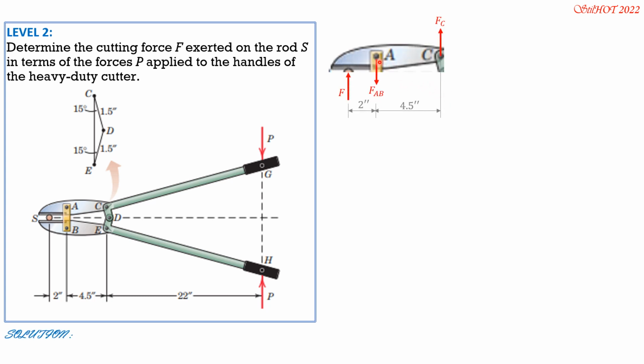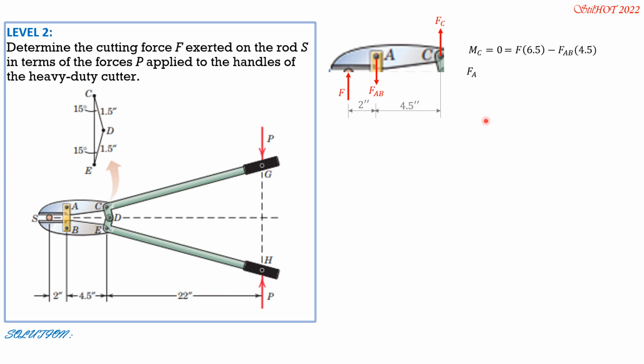So here we go. First we set moment C equal to 0. There's no horizontal component of force in AB. This is a two-force body, so only vertical force in AB, because this is a short link and it is vertical. So moment C equals 0, clockwise positive, so that is equal to F times 2 plus 4.5, so 6.5, then minus FAB times 4.5.